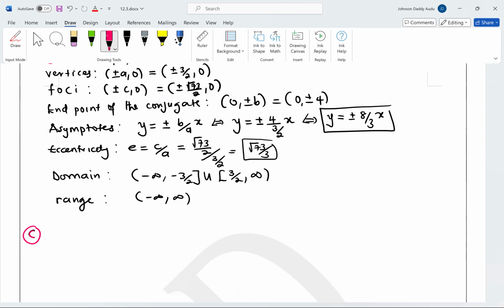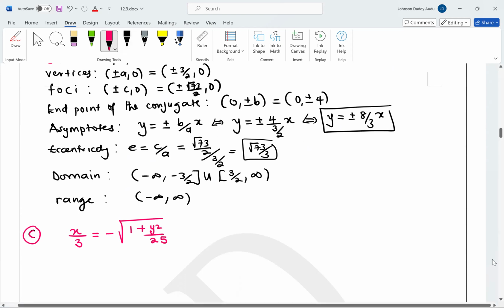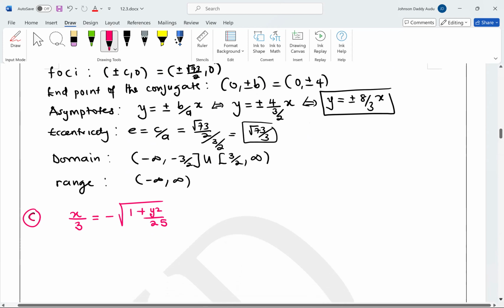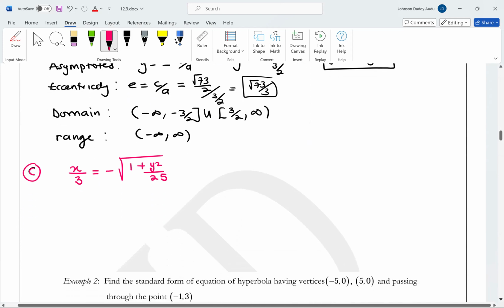So what is C? I think C has to do with a half hyperbola. We have x minus 3 equals what? It equals minus 1 plus y squared over 25. So here, what do we do? This is simply, we can square both sides, right? Just to write it in standard form.